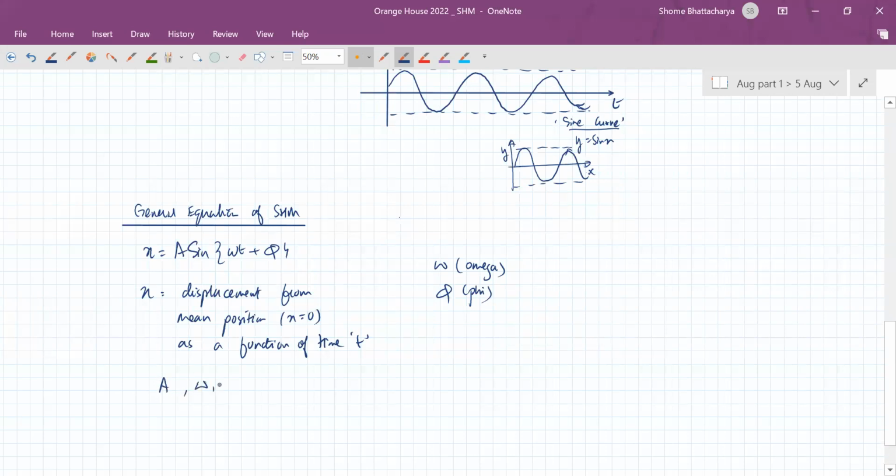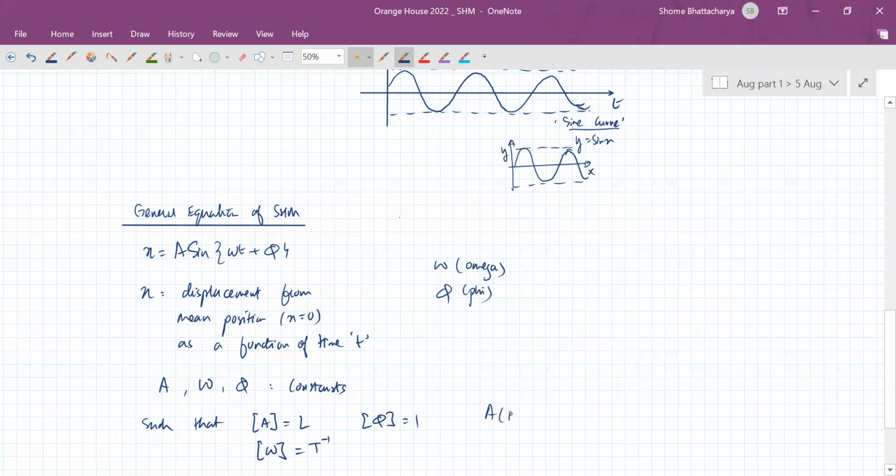A, omega and phi, all three are constants such that the dimension of A is length, the dimension of omega is inverse of time, and the dimension of phi is 1, or it is dimensionless.